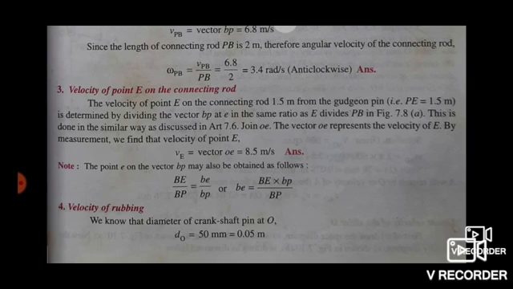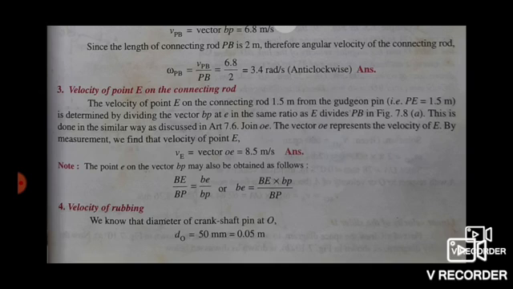This is done in a similar way as discussed in article 7.6. Join OE. The vector OE represents the velocity of E. By measurement, we find that velocity of E, V_E equal to vector OE equal to 8.5 meter per second. The point E on vector BP may also be obtained as follows: BE by BP equal to BE by BP, or BE equal to BE by BP into BP.